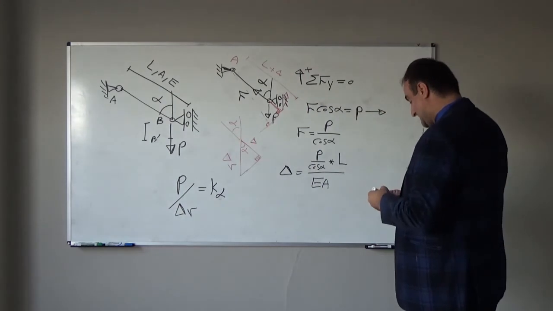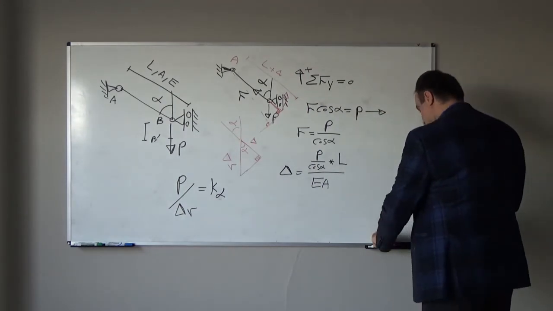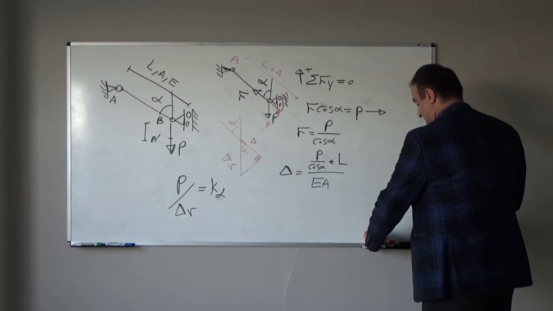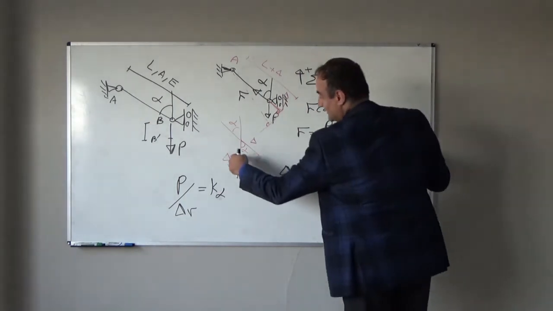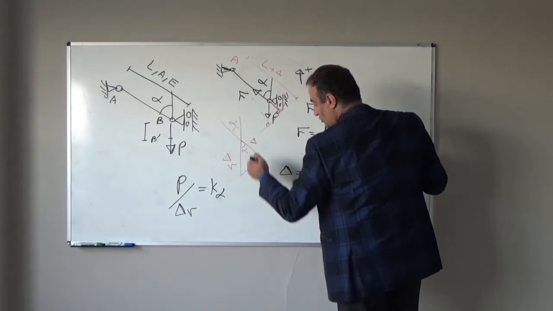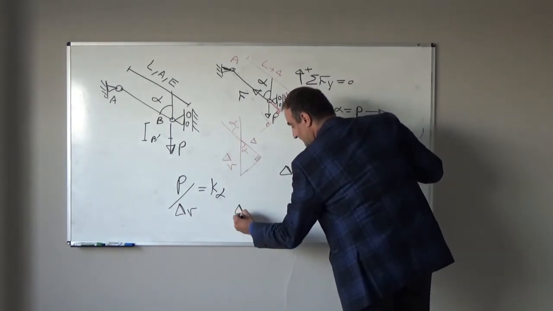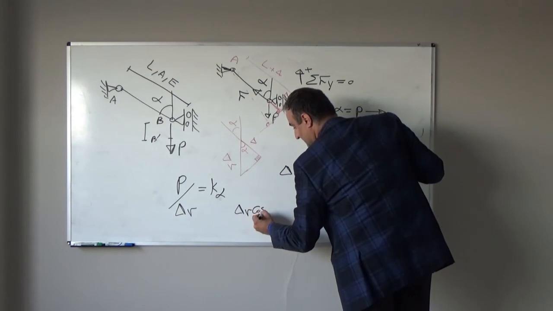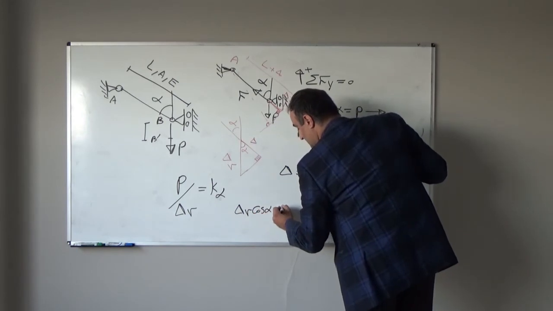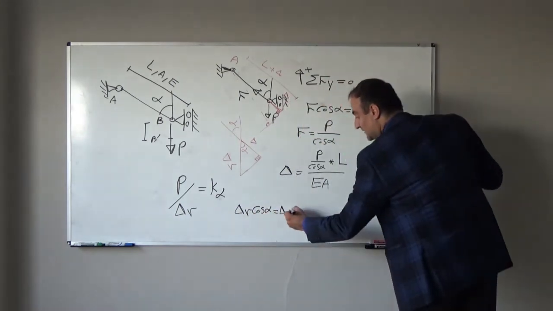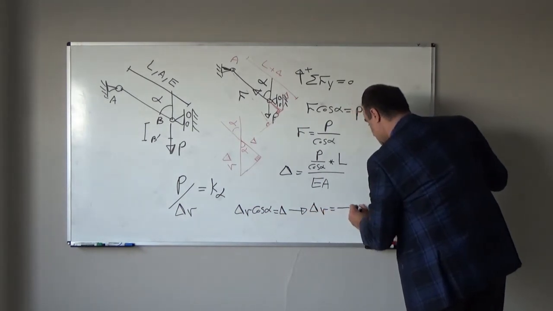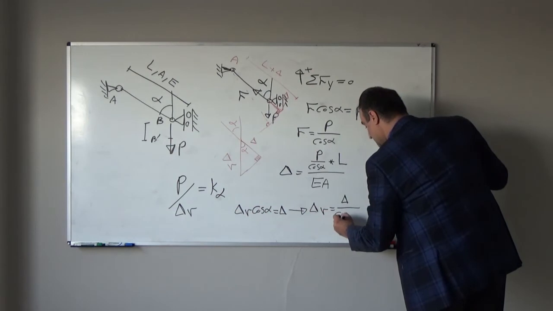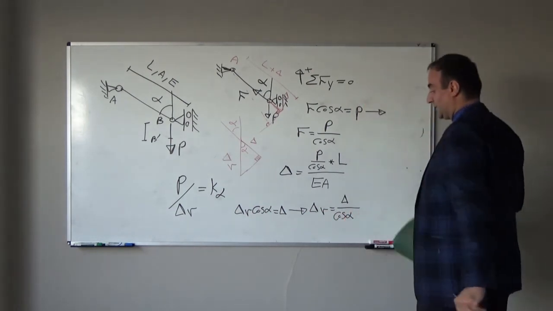If that angle is alpha, what is happening over there? Over there, you see delta V, vertical deformation, cosine alpha: delta V cosine alpha should be equal to delta. From here, delta V will be equal to delta divided by cosine alpha.